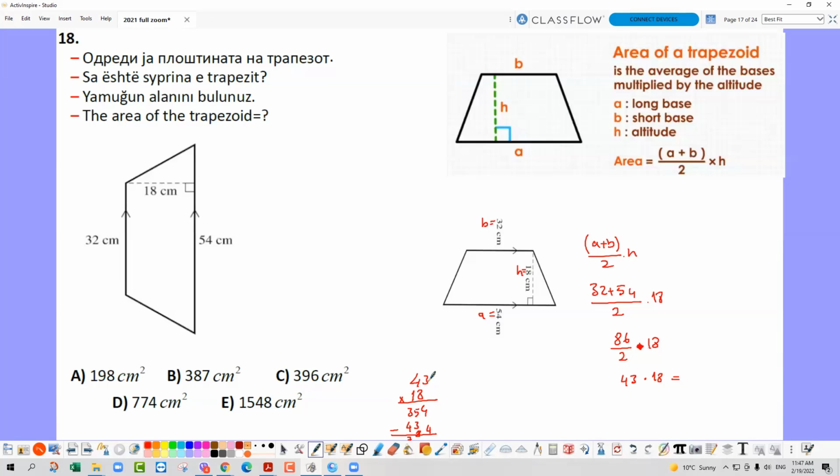What is 4 times 3? Let me rewrite this one clearly here. 43 times 18, 8 times 43 is 344, then 1 times 43, 43. So the answer is going to be 774.